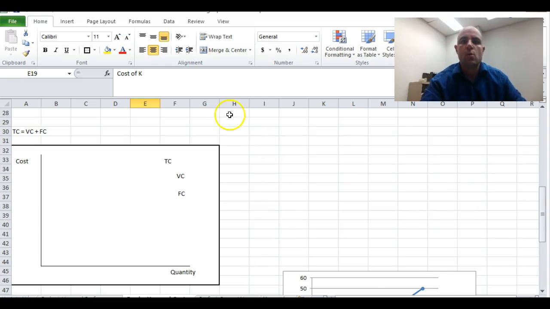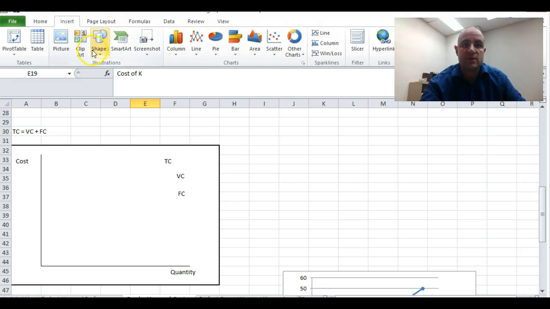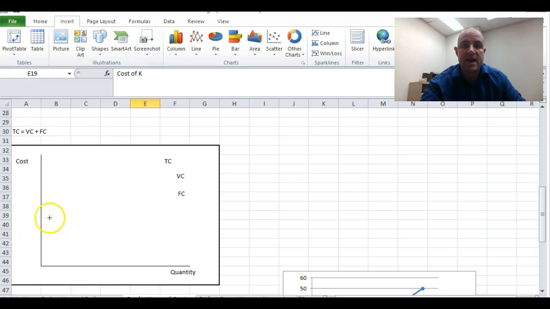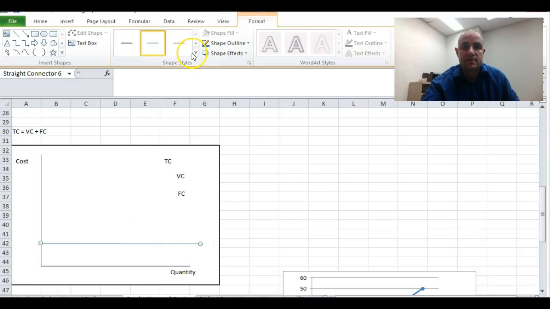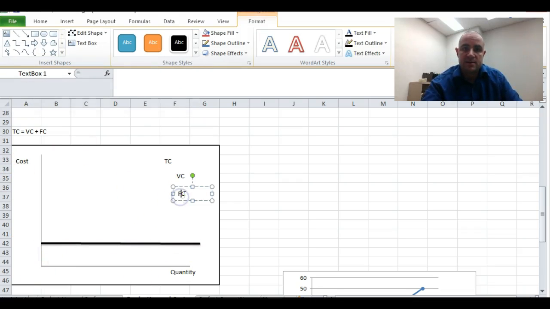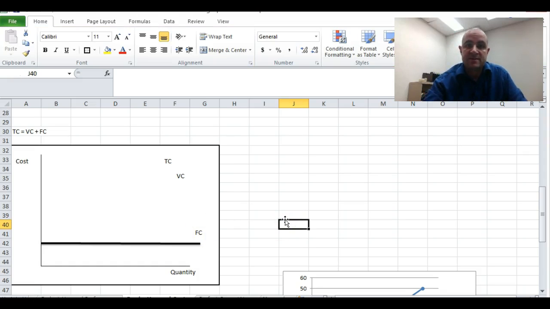Let's first look at our fixed costs. No matter how much we produce, that fixed cost is going to be unchanged. So what you're going to see is a line that is going to be horizontal.